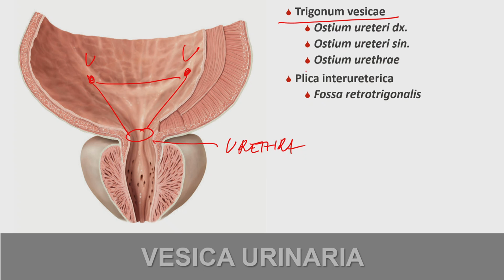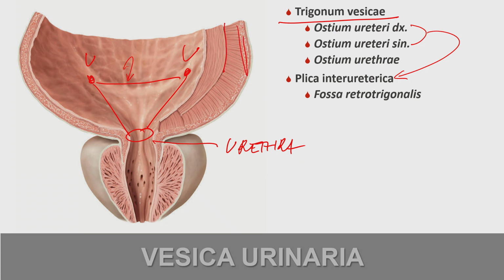In between those two, we have the interureteric fold, plica interureterica, and behind is the recessus, fossa retrotrigonalis.